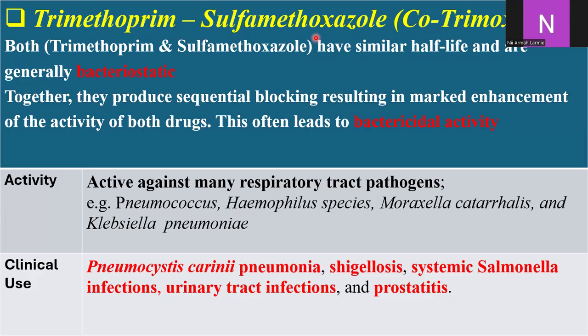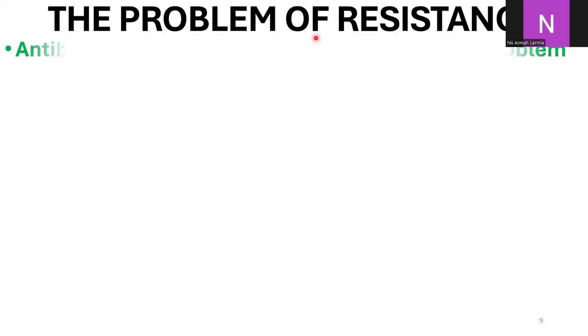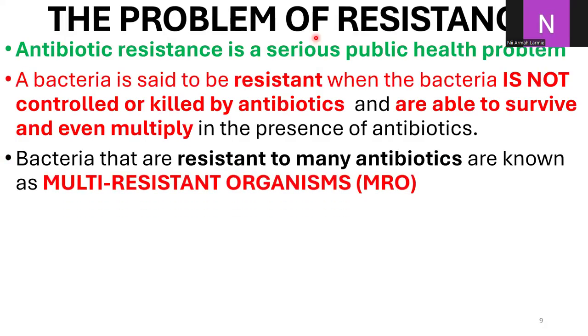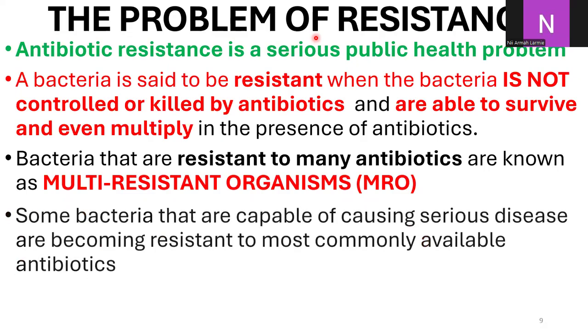Now we want to talk about the problem of resistance, because when we talk about antibiotics or antimicrobials, it's always important to remember the possibility of resistance. So let's look at the problem of resistance as far as the use of antimicrobials, and in this case, antibiotics, are concerned. We should know that all antibiotics can be resisted by microorganisms.